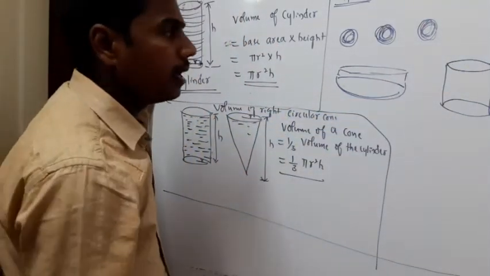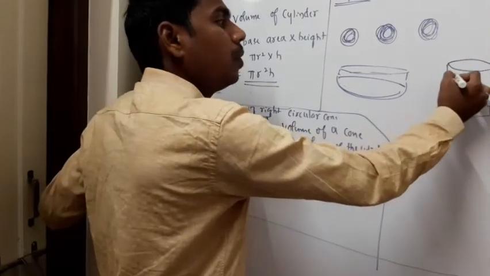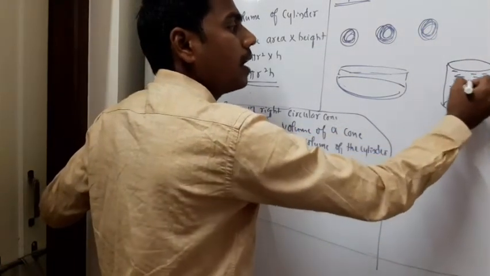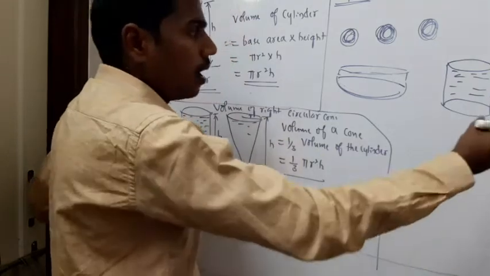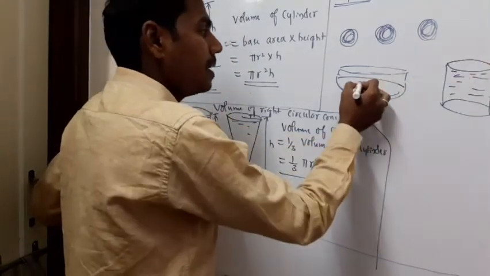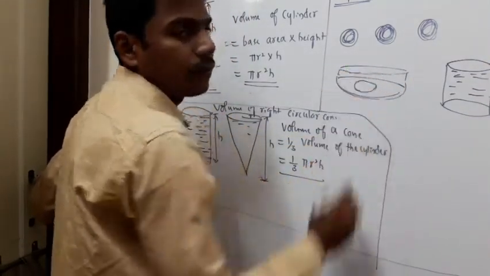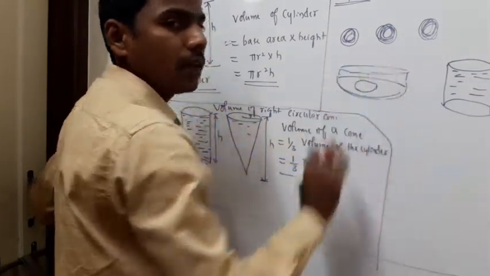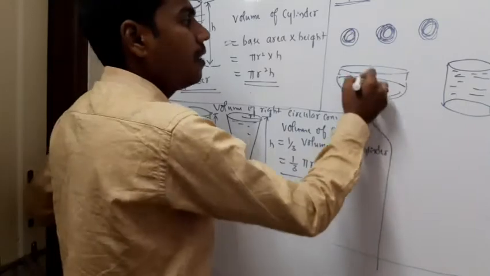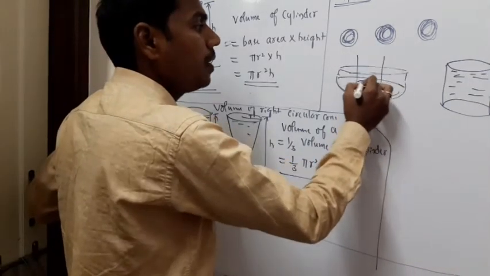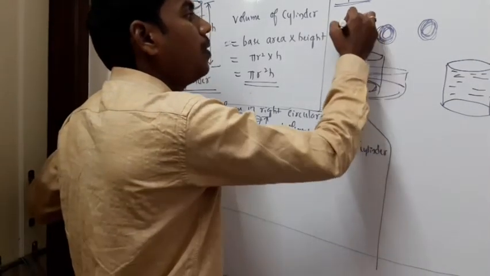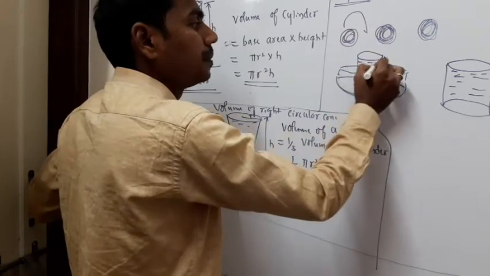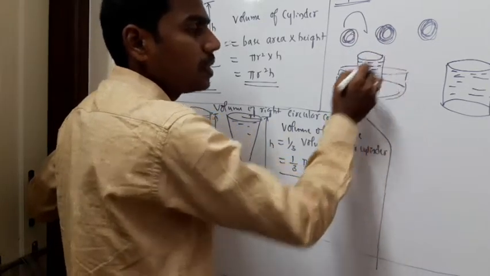Now do one thing: fill the water up to its brim. Bring it carefully and place it inside the trough, so that the water present in this should not fall into the trough. So this container is filled up to its brim.